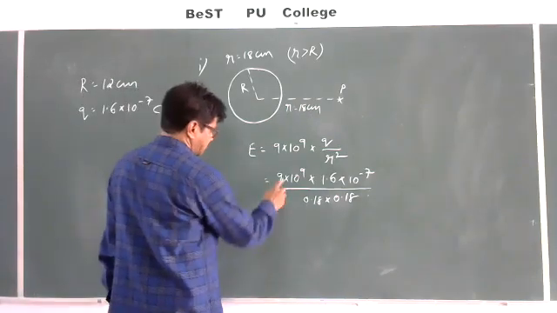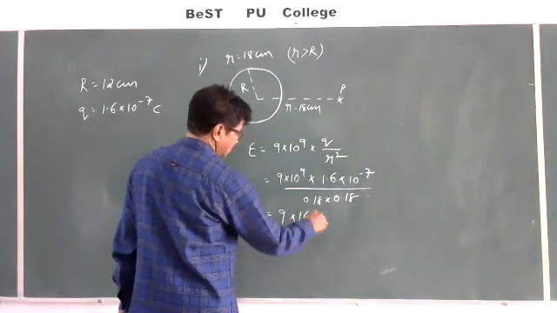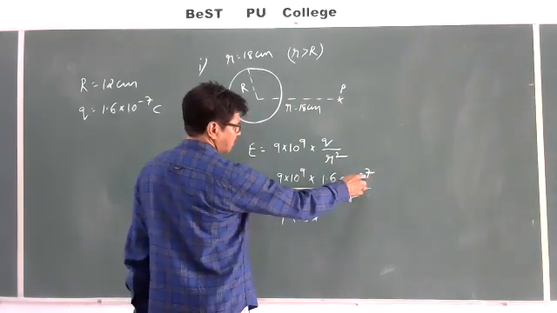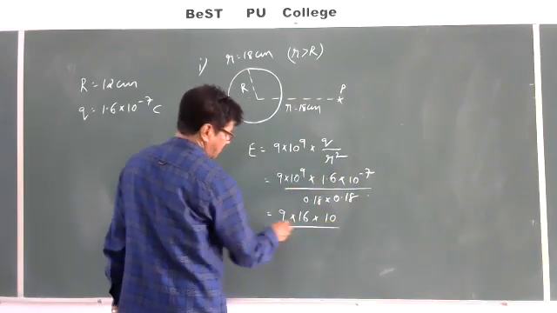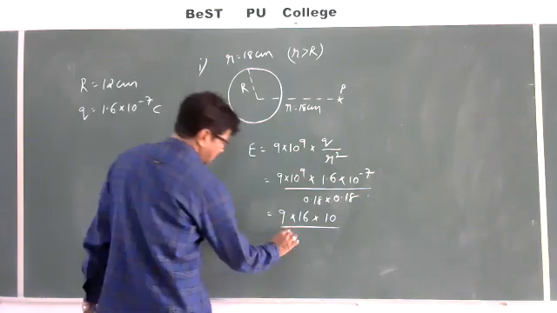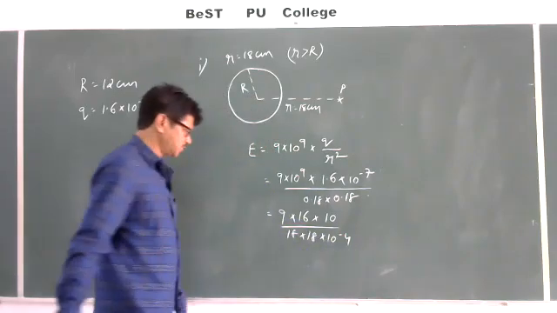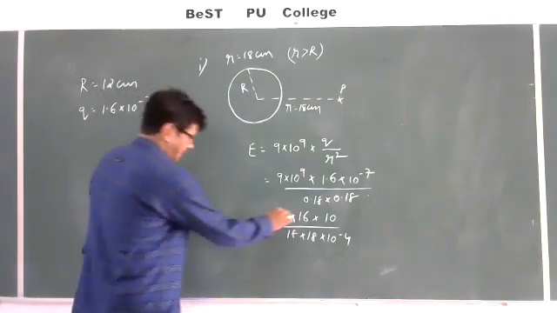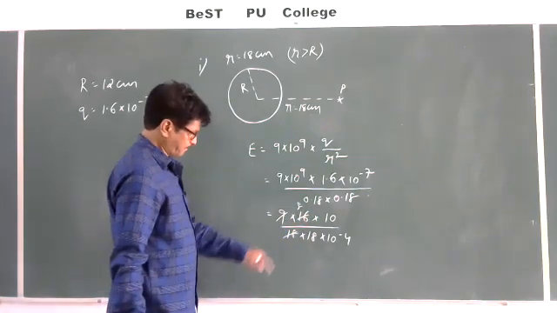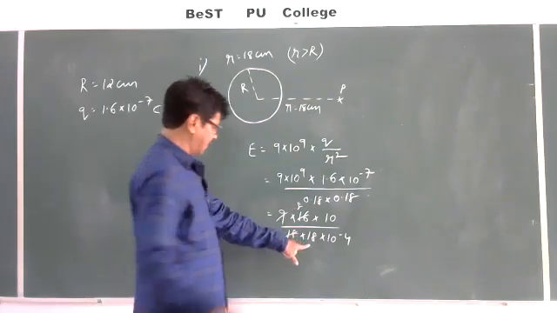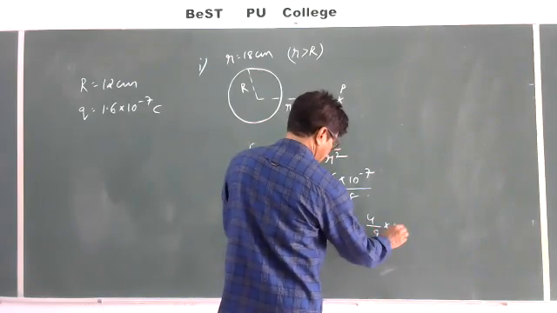Now we can write it as 9 into 16, which is 10 to the power of minus 8, divided by 18 into 18 into 10 to the power of minus 4. 9 ones are 9, 9 twos are 18, 2 eights. Then 4 by 9 into 10 to the power of 5.